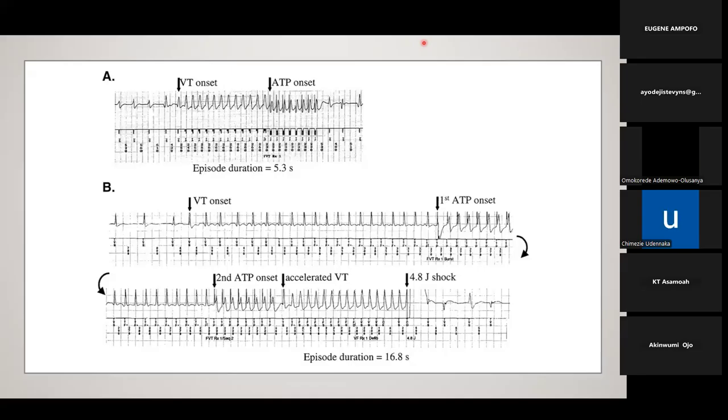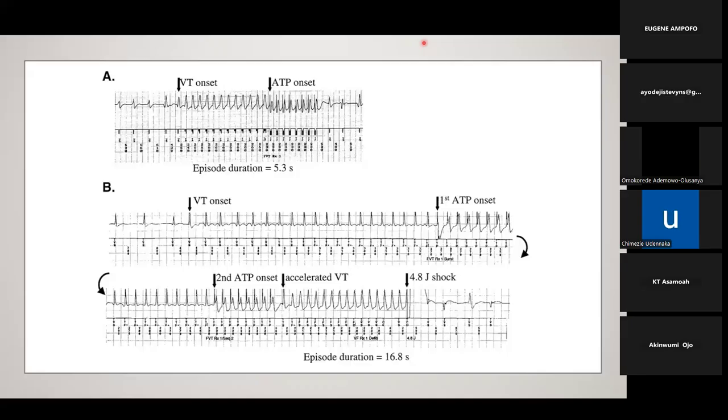If that's not able to control it, then you consider device therapy like the ICD. If that's still not working and the patient is still having recurrent VTs and recurrent shocks, then surgical therapies like the stellate ganglion block come in to diminish the sympathetic stimulation.